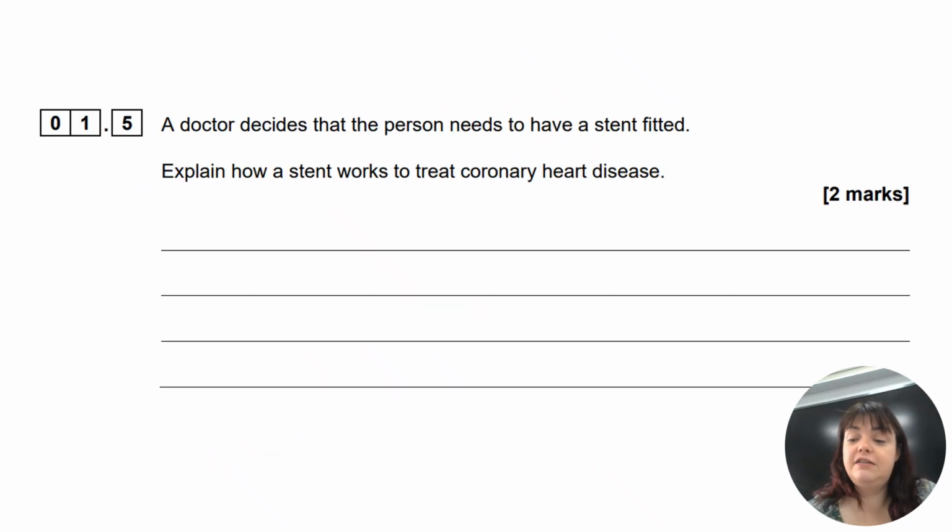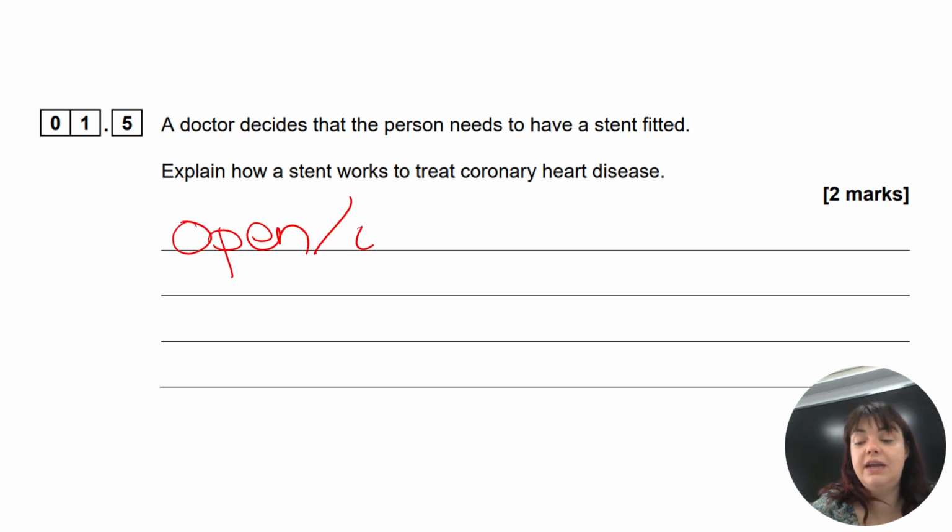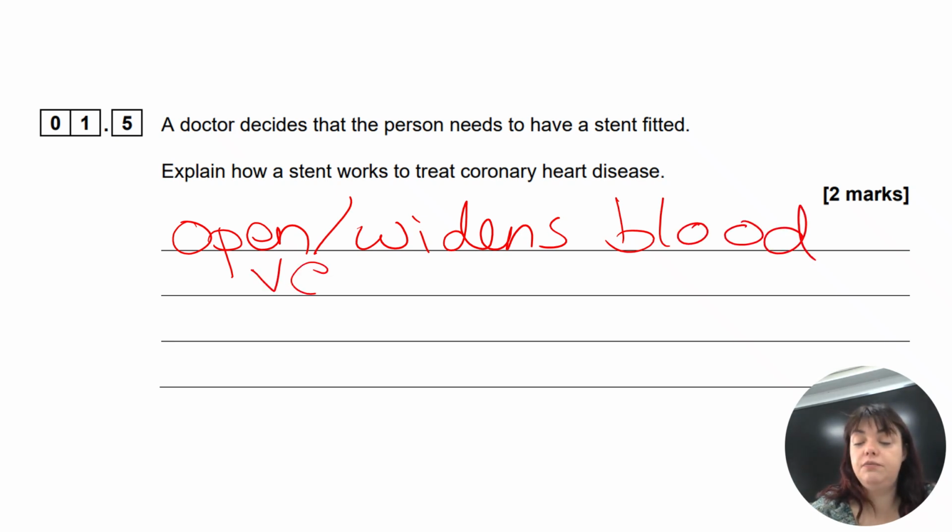A doctor decides that the person needs to have a stent fitted. Explain how a stent works to treat coronary heart disease. Okay, so what we're looking for is that it is opening or widening the blood vessel. Now I do need to see that word.